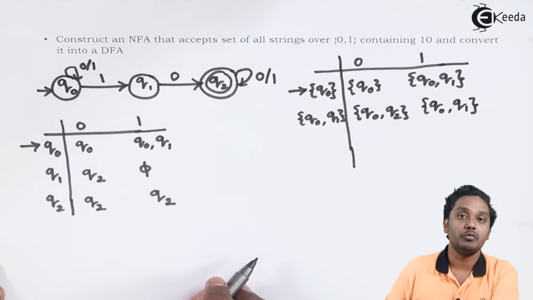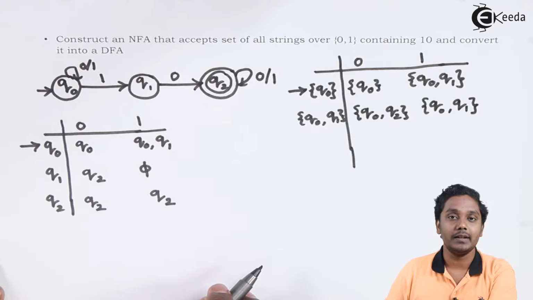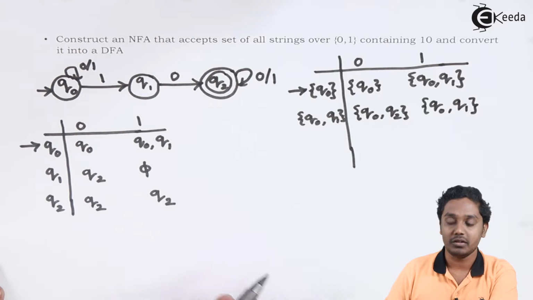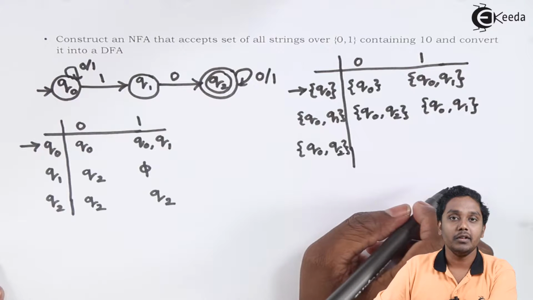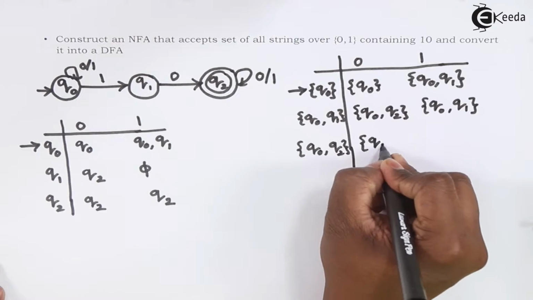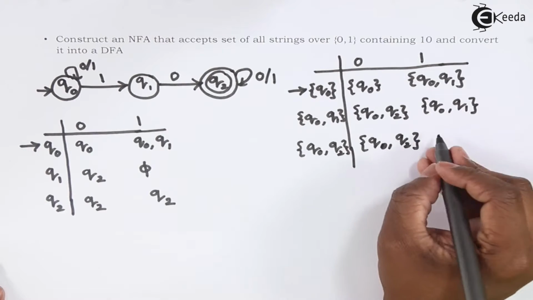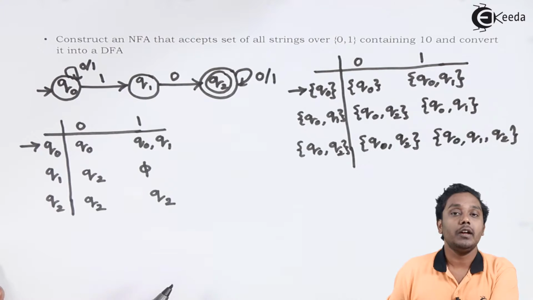As we have encountered one more new state, we will add the new state in the given entry. We will combine the rows of Q0 and Q2. We get one more state Q0, Q1, Q2.